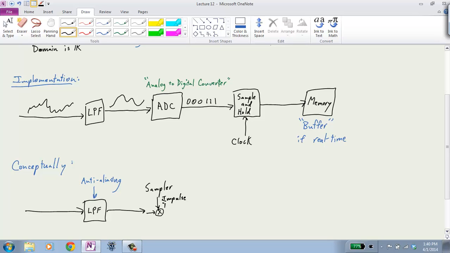An impulse train. So that's what this box does. So again, in here we had something that had high frequencies. We filtered it out. And now we have what we were looking at last time. We have samples that are represented with these delta functions.